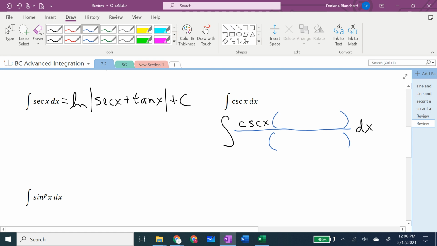I can't fully hear you. Well, let me remind you that when we had secant, we multiplied and divided by that secant x plus tangent x. Yeah, I can't hear.